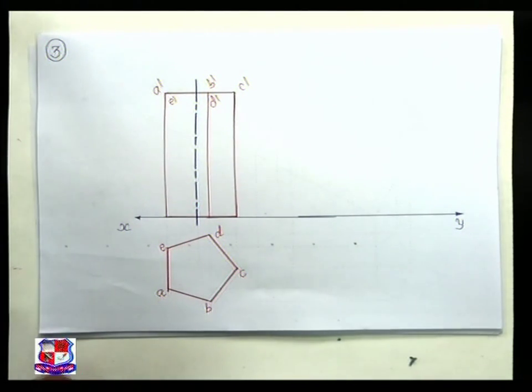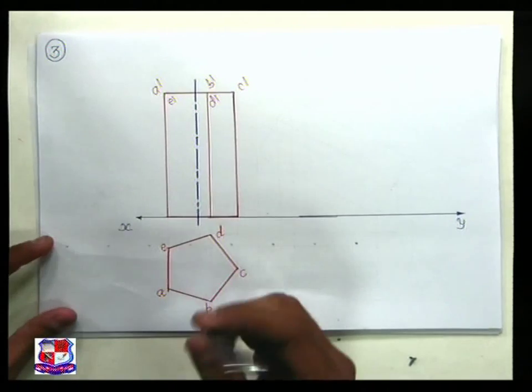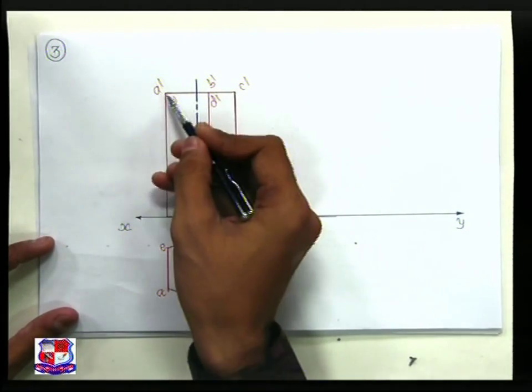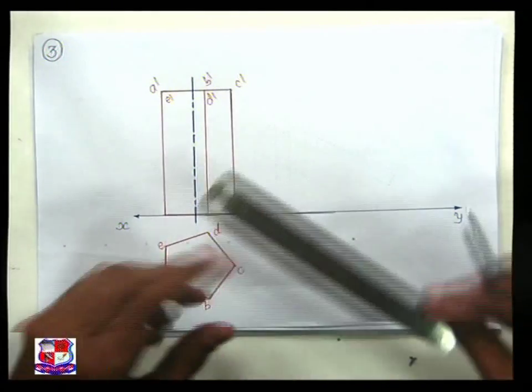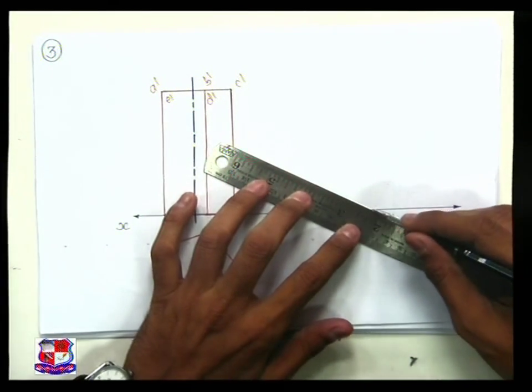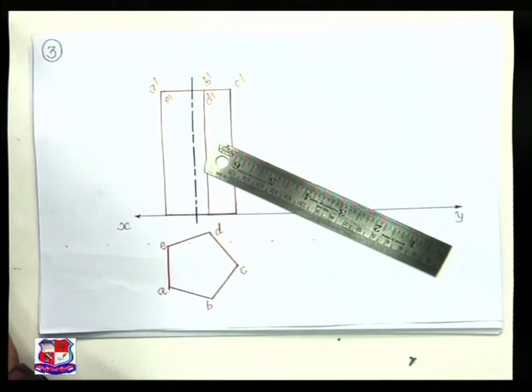After that we have to redraw this rectangle in such a way that this edge which passes through A dash makes an angle of 30 degree with XY line, so that we can draw like this.